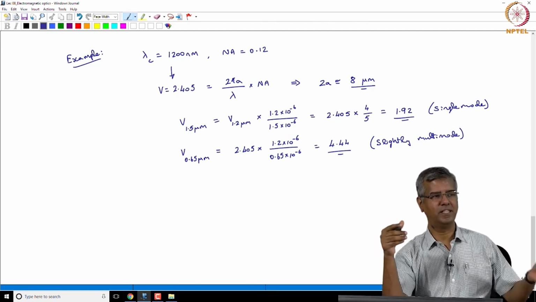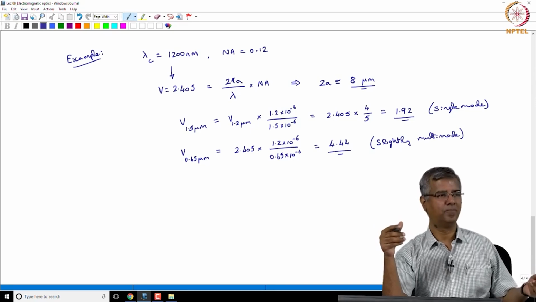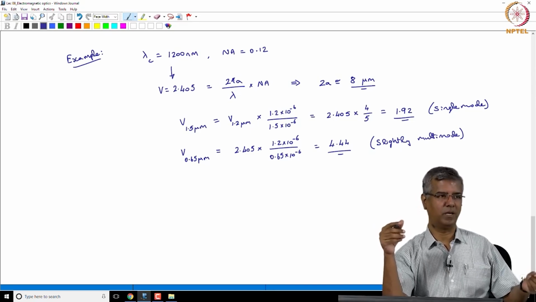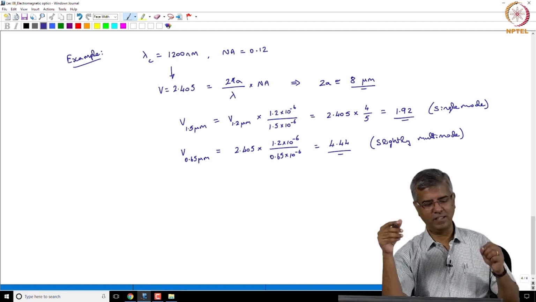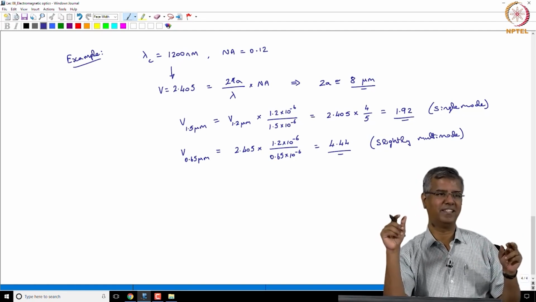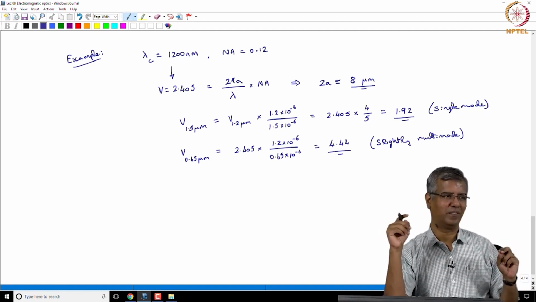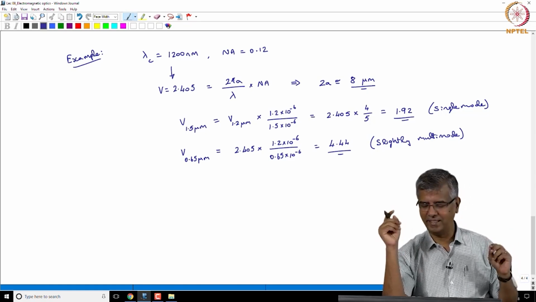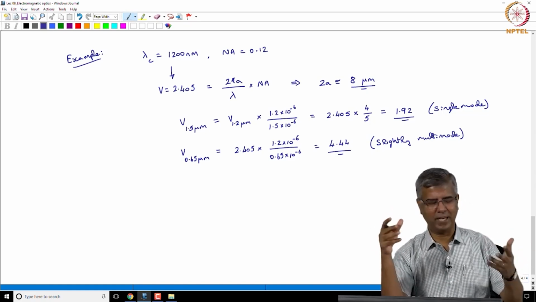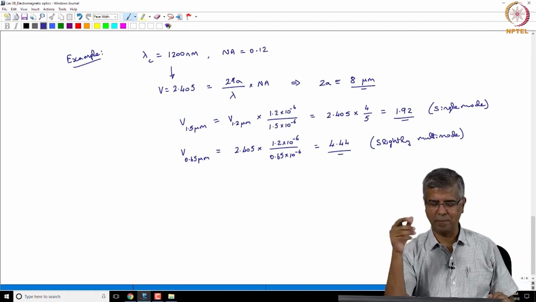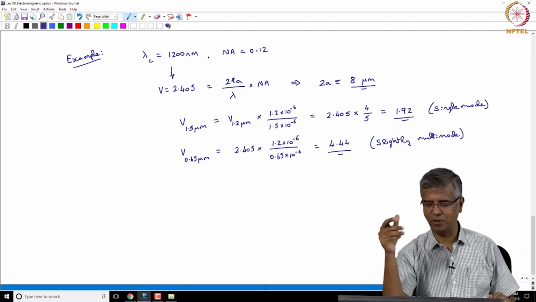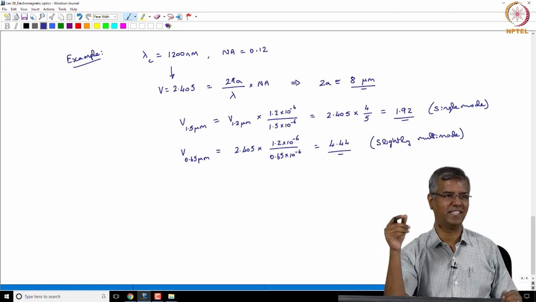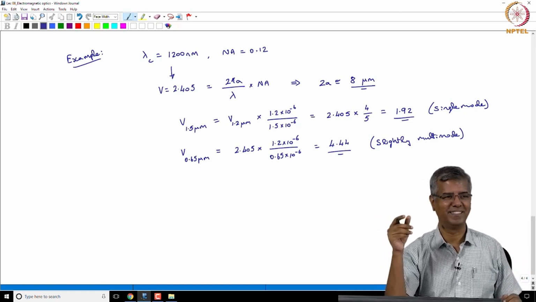So he sells something as single mode fiber, and he sells something as multimode fiber, and then he sells a special fiber, he calls that, which is slightly multimode. And over a period of time, we ended up damaging that fiber, so we were going for replacement, and he was actually charging us a lot of money for that replacement.